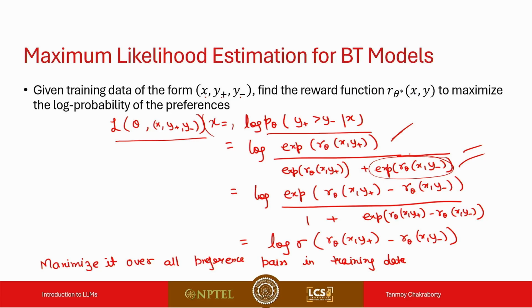Like e to the power x1 by e to the power x1 plus e to the power x2, something like that. If we divide by e to the power x2, this is going to be e to the power x1 minus x2 by 1 plus e to the power x1 minus x2, right? This is exactly the same.